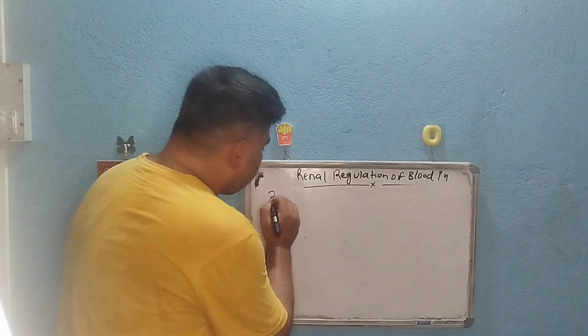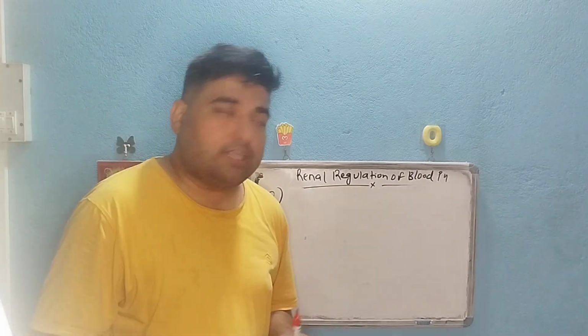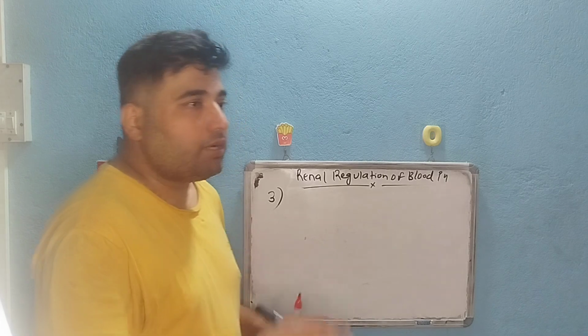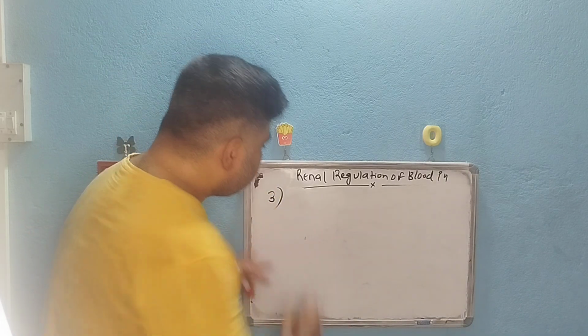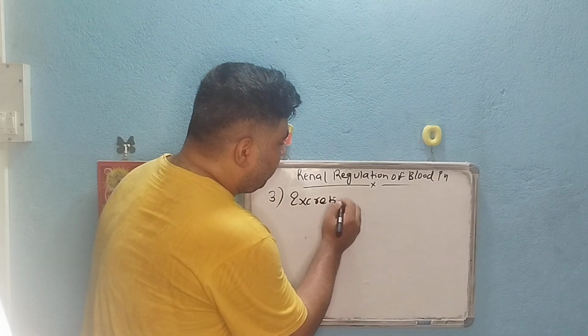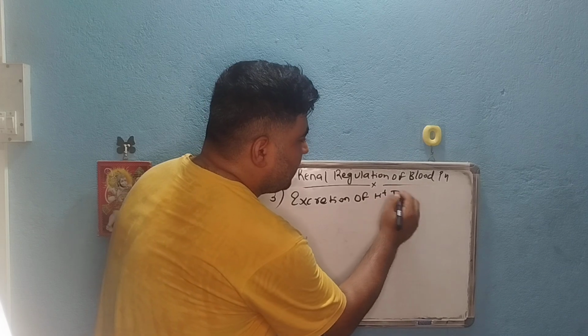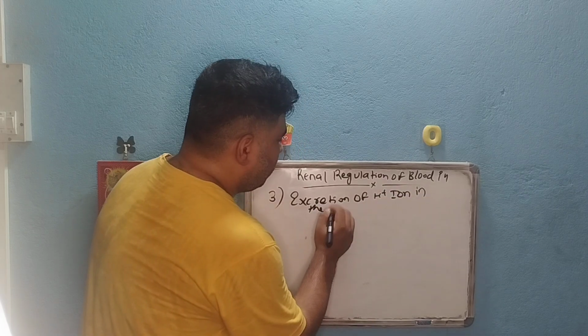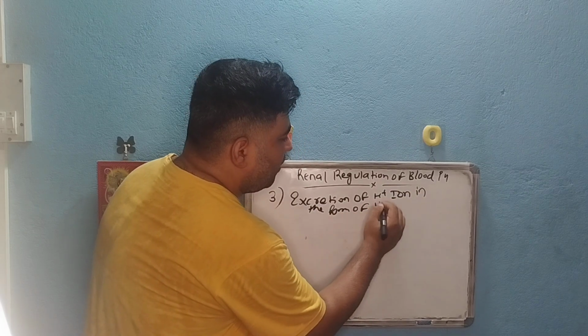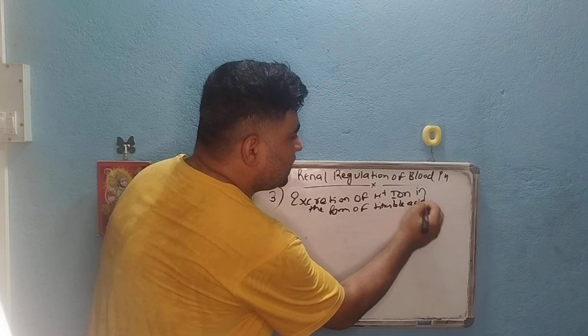Those processes are, for the third process executed by the renal system for maintaining the blood pH, excretion of H plus ion in the form of titratable acid.